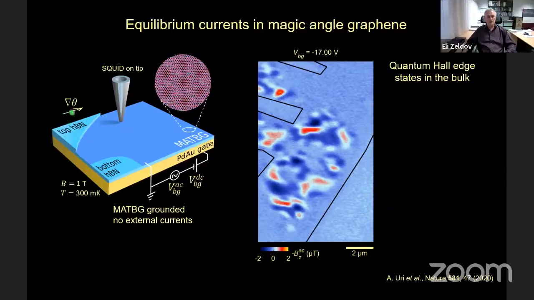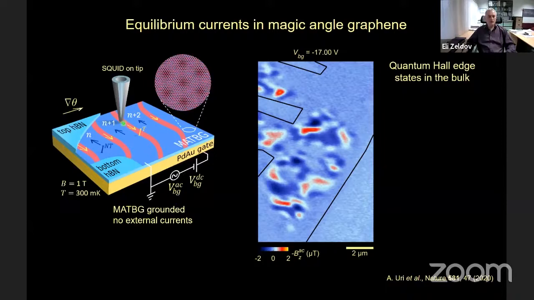So for example, if you have a twist angle gradient in this direction, you will form different Landau levels which are forming compressible and incompressible strips parallel to each other. The incompressible regions will carry the topological currents, and the compressible regions will carry the currents in the opposite direction.